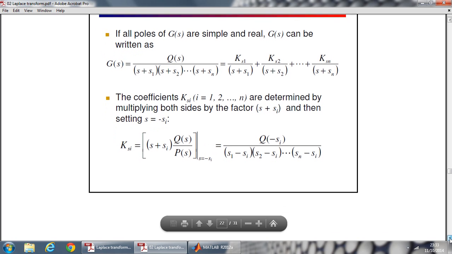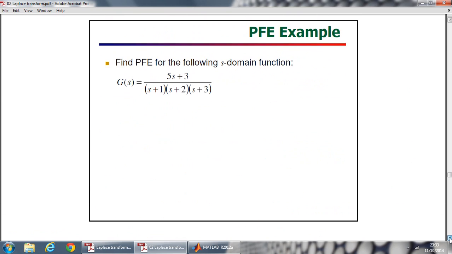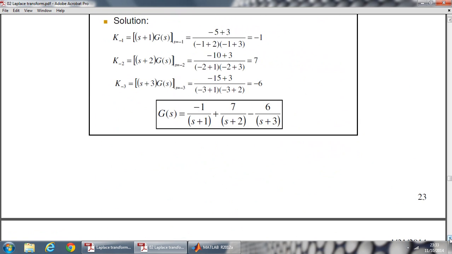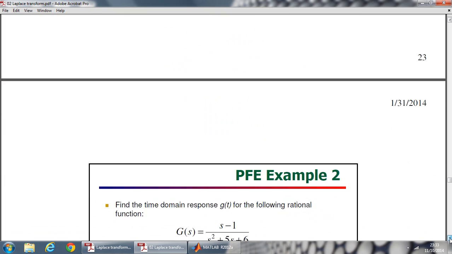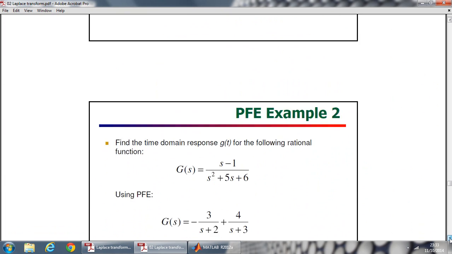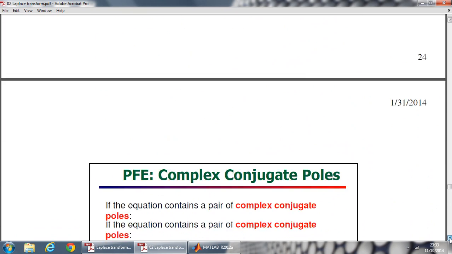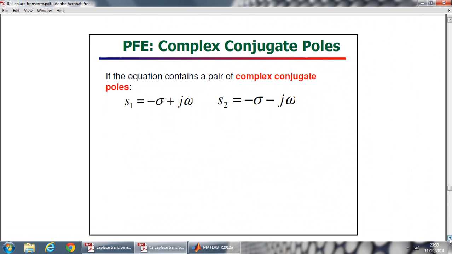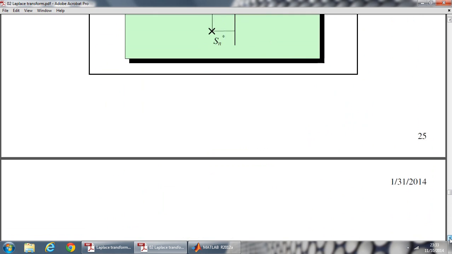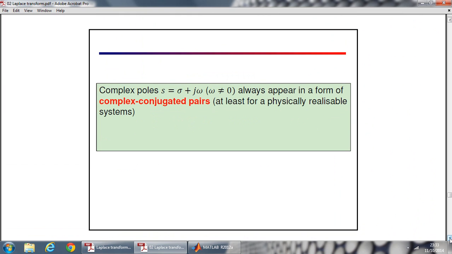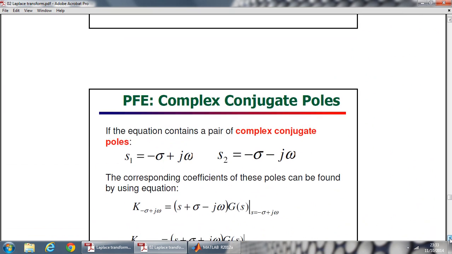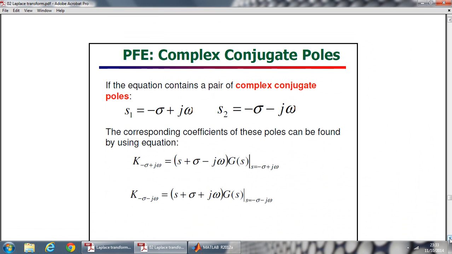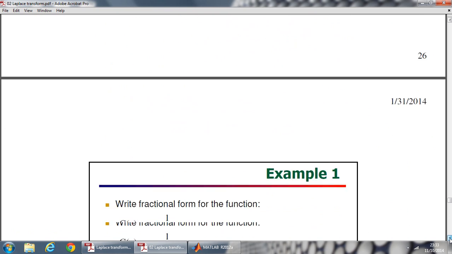If we have complex conjugate poles, we need to follow the same methodology. However, it is a little more complicated because of the complex form of the poles. If you look at the lecture notes again, you will find how we can solve the partial fraction for the system with complex conjugate roots.